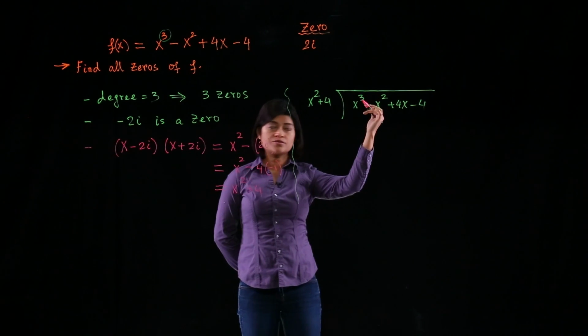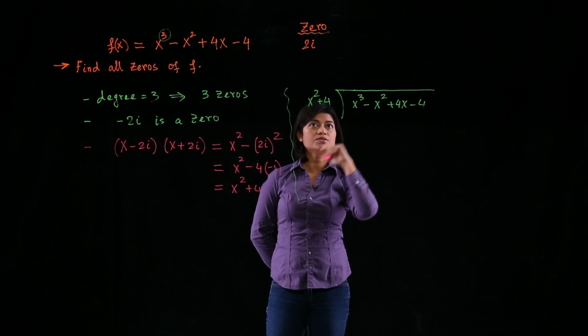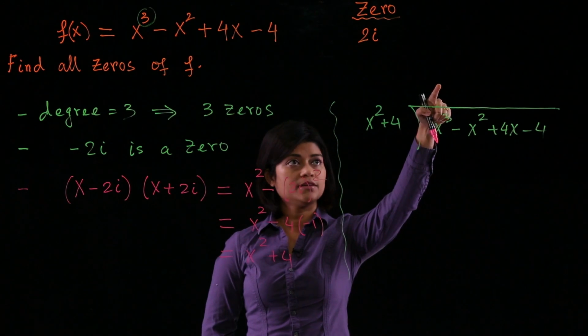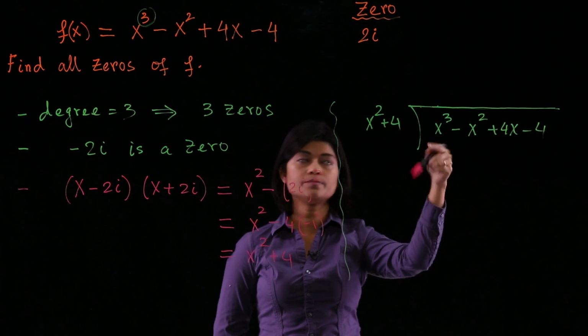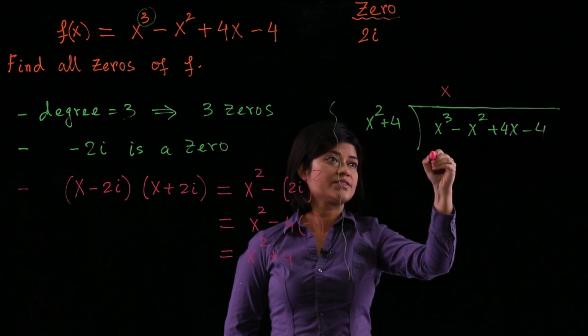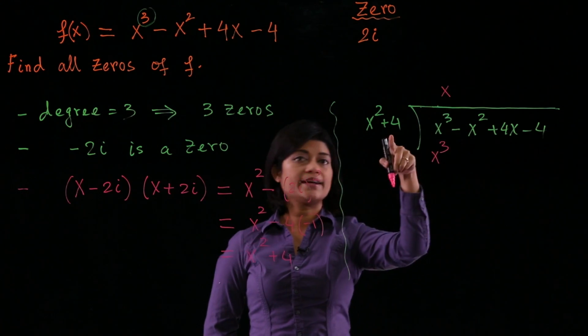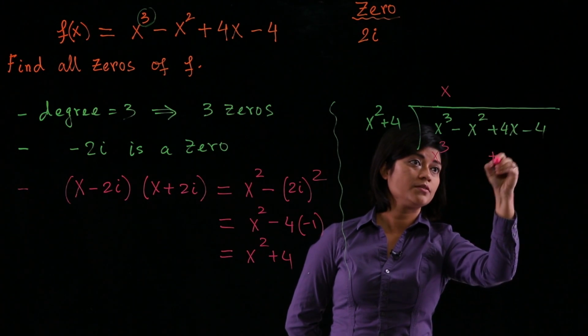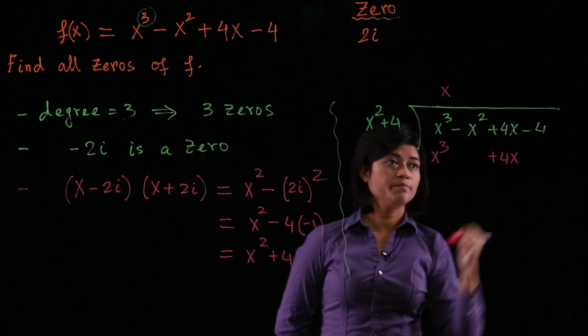Okay, so let's try to recall how to do this long division. So the first term is x cubed. What should we multiply with x squared to get x cubed? Obviously, x. So x times x squared is x cubed. And then x times plus 4 is 4x. So put it under here, under the x term.